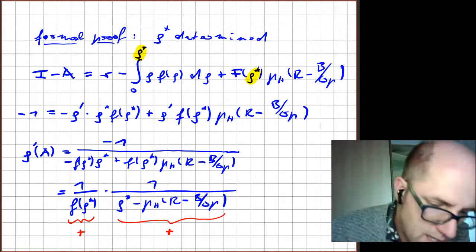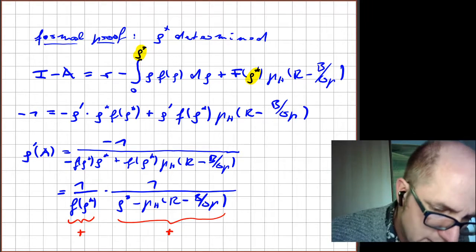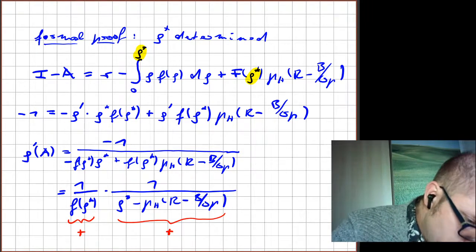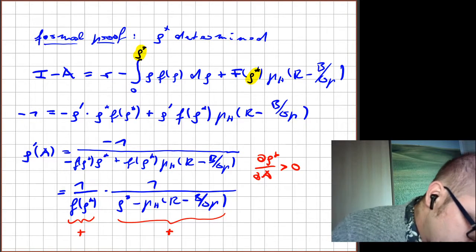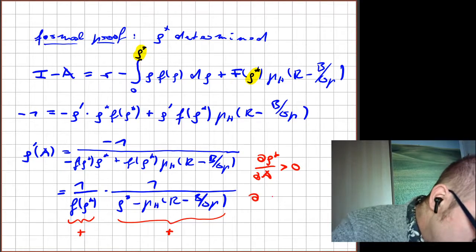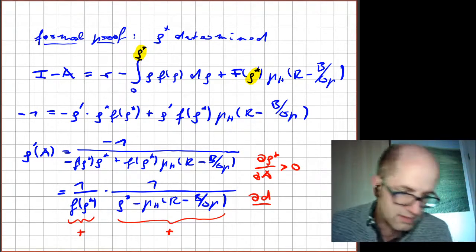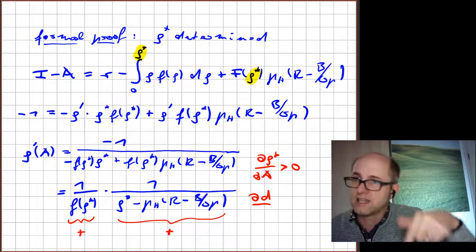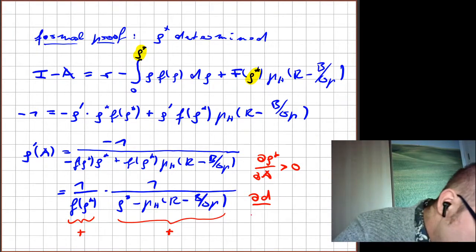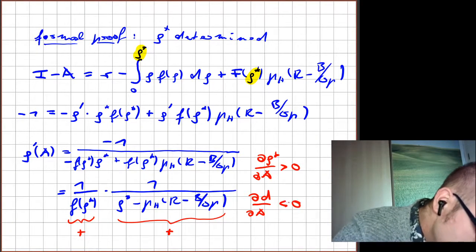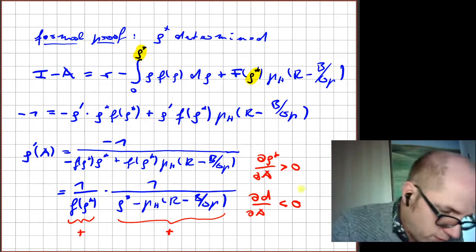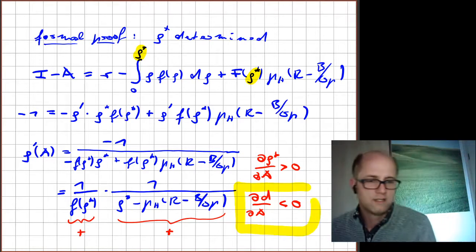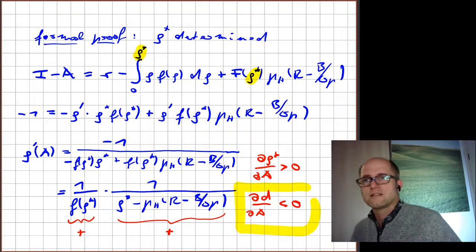So that means that we have now shown that the derivative of rho star with respect to A is positive. And that means that the derivative of D, because D is equal to R minus rho, so it's exactly the opposite, with respect to A is negative. And that's the mathematical proof, okay, for the derivative of D with respect to A being negative.